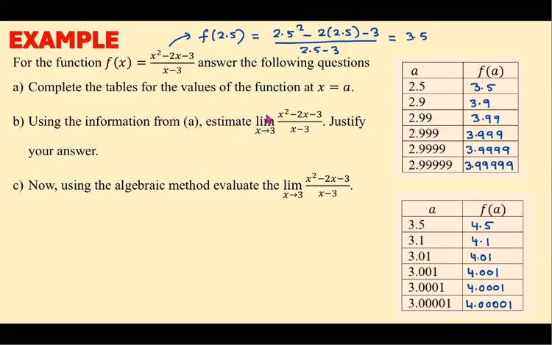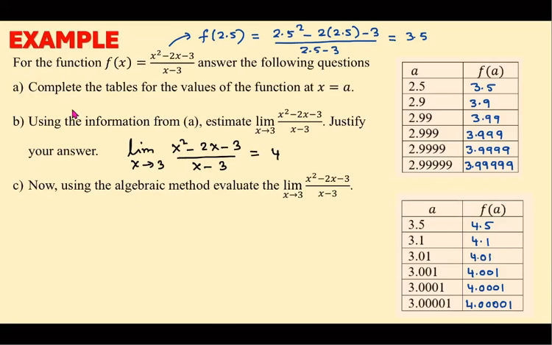Meaning the limit as x approaches 3 from both sides is 4. So the answer for the first part is: the limit as x approaches 3 of (x squared minus 2x minus 3) over (x minus 3) is equal to 4.